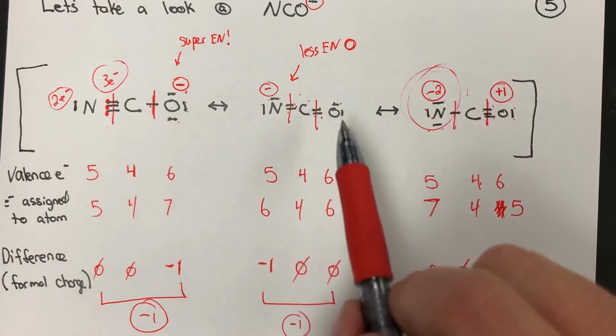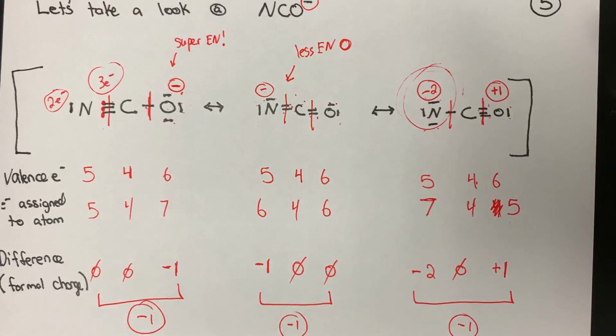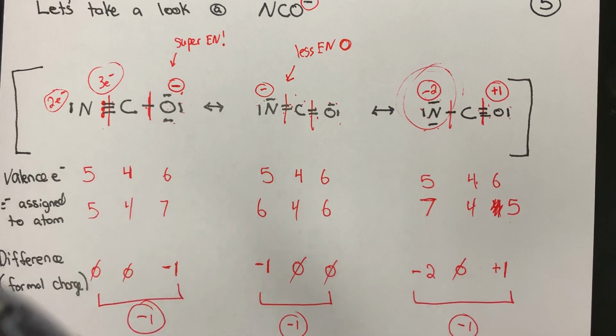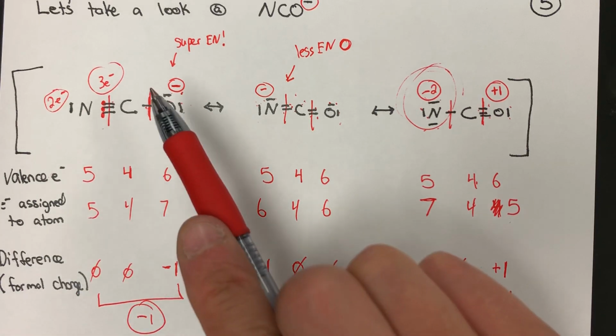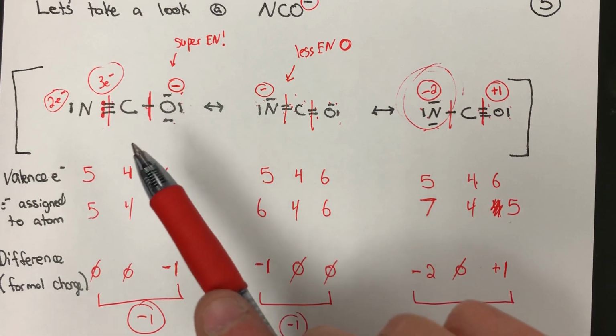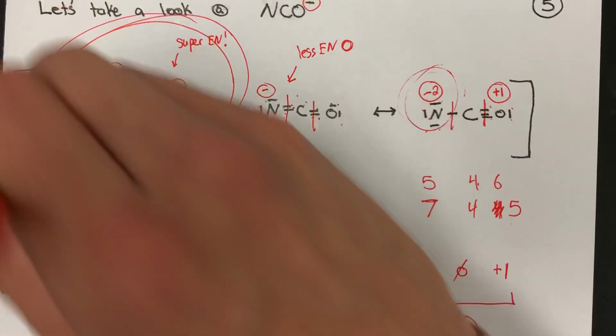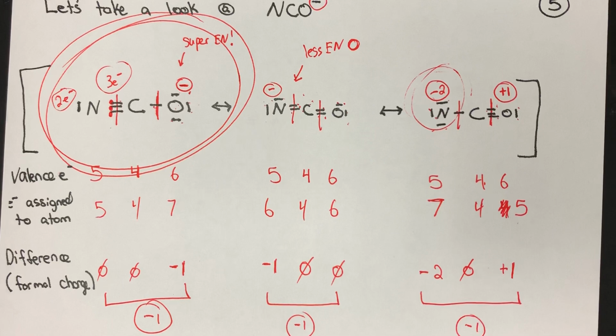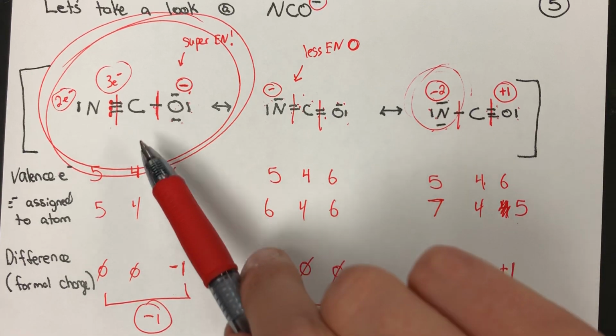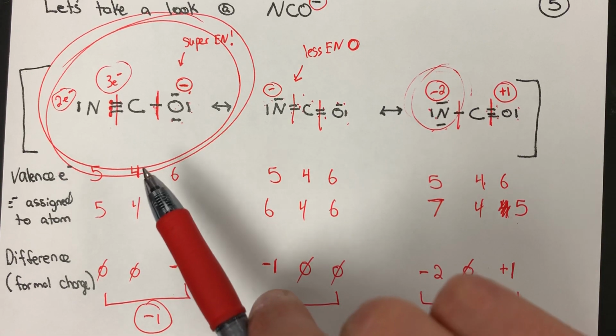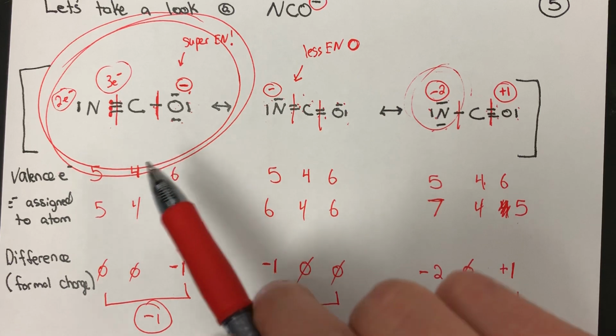And between the 2 different resonance structures, we prefer that negative formal charge resides on the more electronegative atom, which is oxygen. So we would deem this, of the 3 possible resonance structures, likely to best represent the true nature of this polyatomic ion.